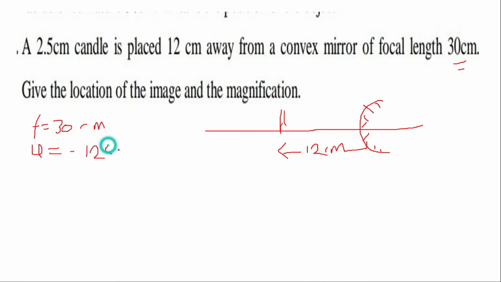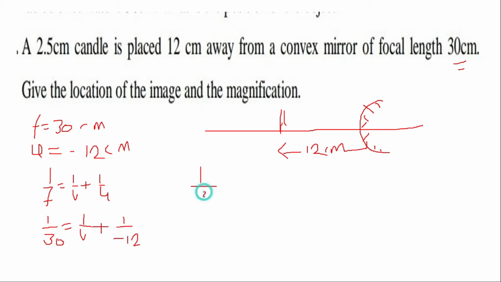And position u is equal to minus 12 centimeter. What we want to know by the mirror formula: 1 by f is equal to 1 by v plus 1 by u. So focal length is already 1 by 30, since it is a convex mirror the focal length is positive. Image distance we want to know, and plus 1 by minus 12. So this is 1 by 30 equals 1 by v minus 1 by 12.